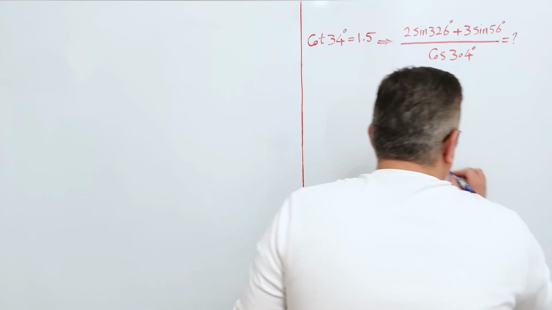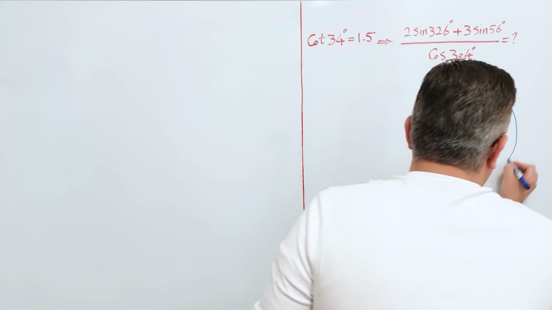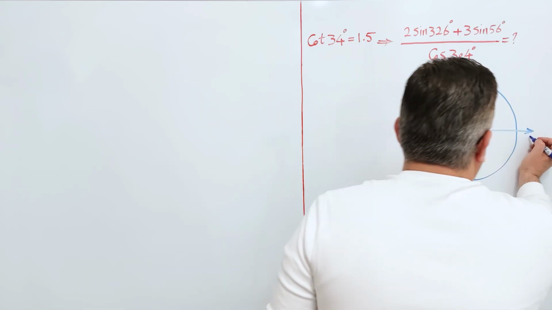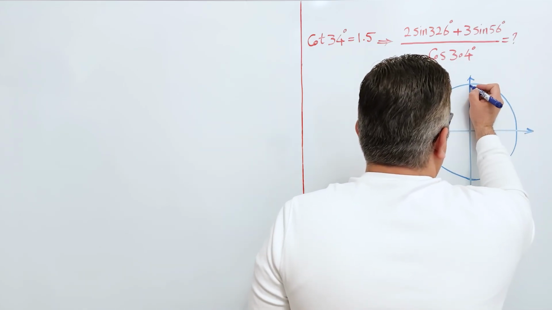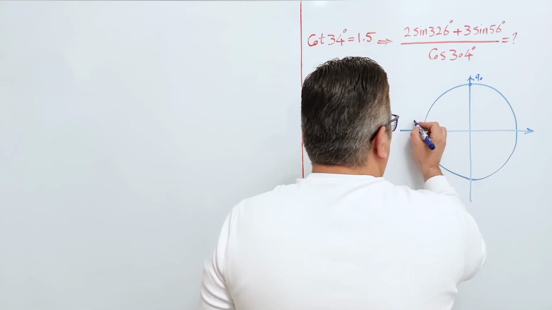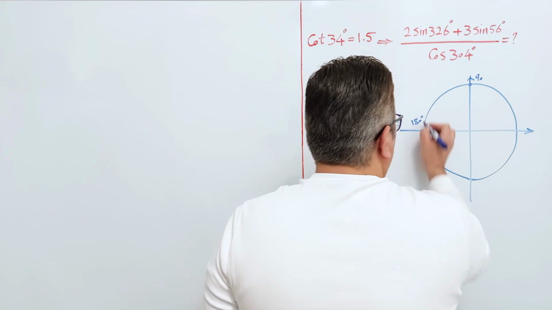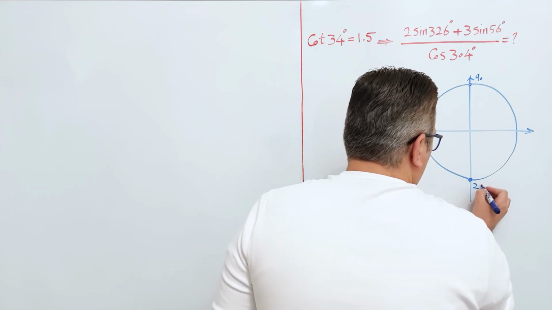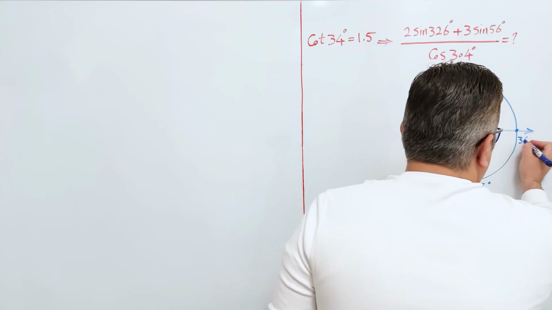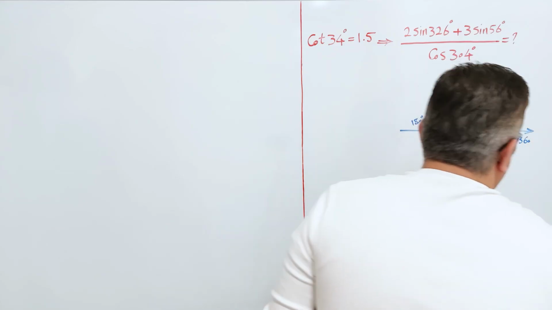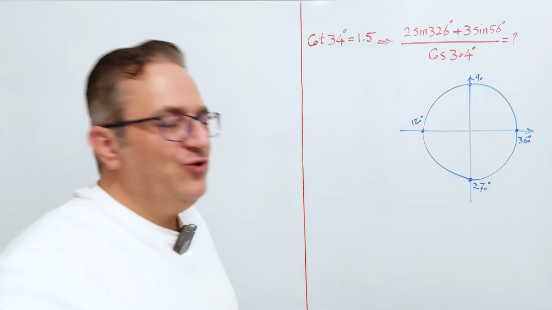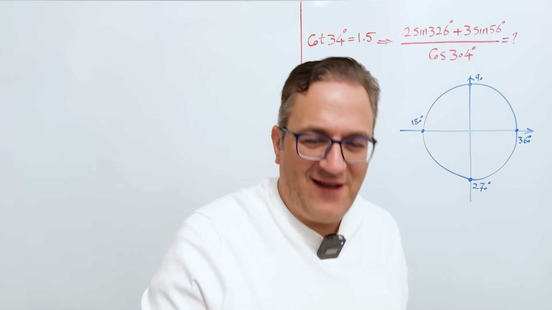Take a look at this unit circle. 90 degrees or 180 degrees or 270 degrees or 360 degrees. So why do we do this? You're about to see for yourself.